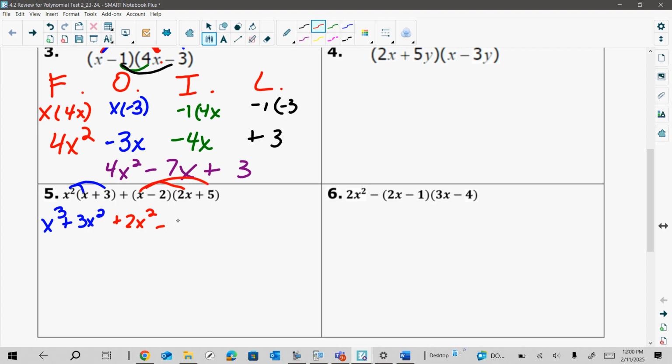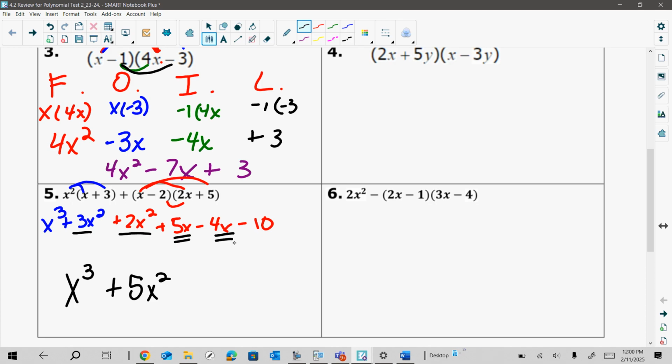Outer is going to give me a positive 5x, negative 4x, then negative 10. Standard form combining, we start with the highest exponent, that's x to the 3rd. Then I'm going to combine my x squares, that's 5x squared. Then my x's, plus x, and then my constant.